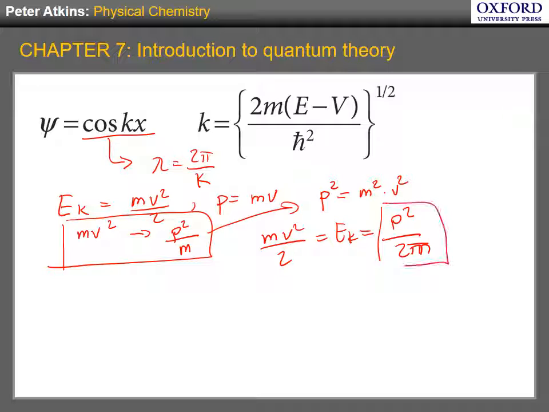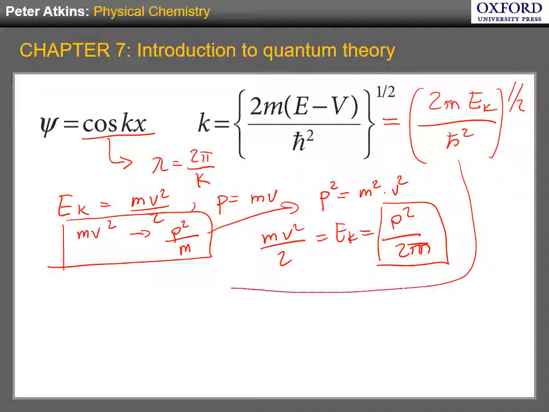So remember, this is important because now let's go back to our solution for wavelength. Now we can say that k is the square root of 2m kinetic energy divided by h bar squared. So if we rearrange this, we have our kinetic energy equals k squared h bar squared divided by 2m.